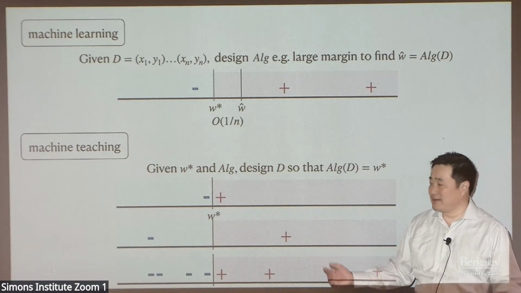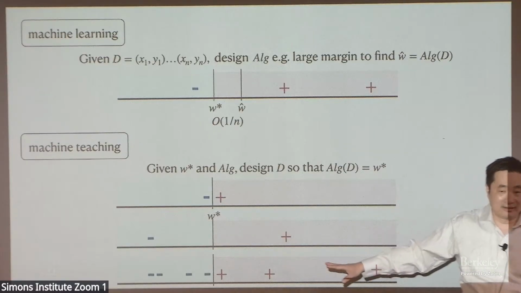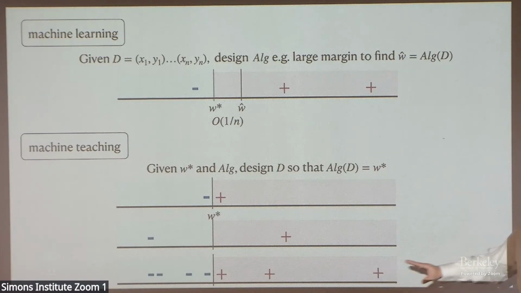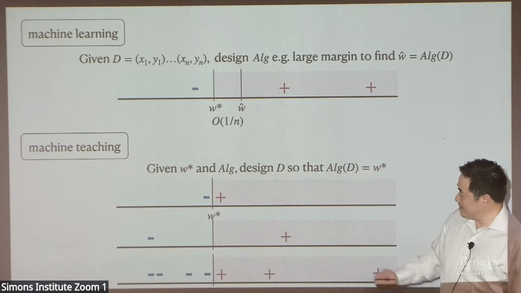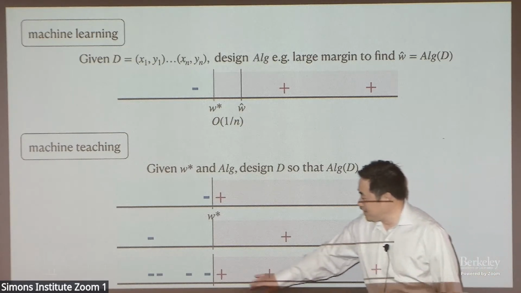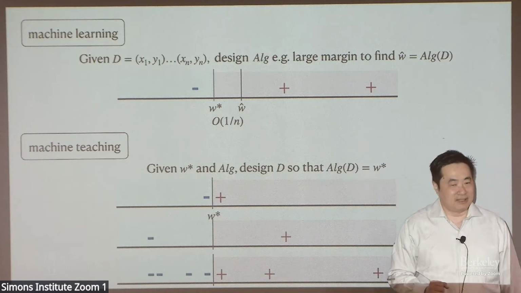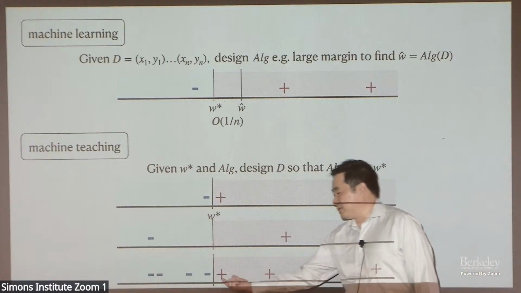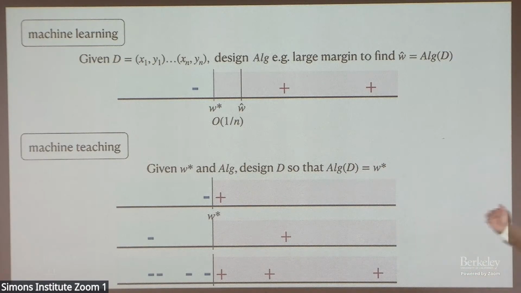As long as they're symmetric around w star, that's totally fine. Again, the learner is going to return w star. And furthermore, you can also create a training set like this with a lot more items. That's also fine, because by the nature of this particular algorithm, it's only going to care about the innermost pair and put the boundary in the middle. So this problem is not super well defined. We'll see how this relates.